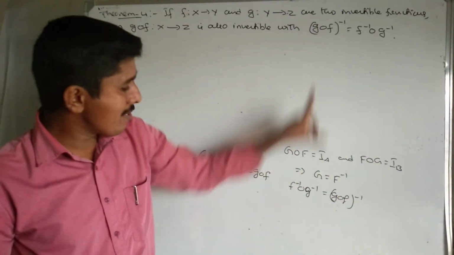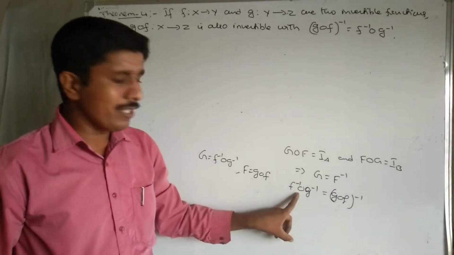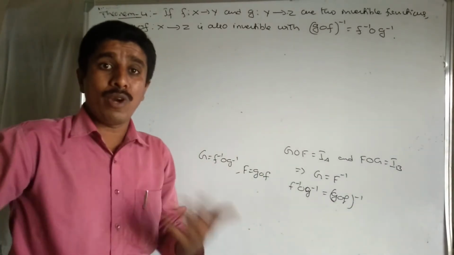Here we have to prove that (g∘f) inverse equals this. What we have to prove?